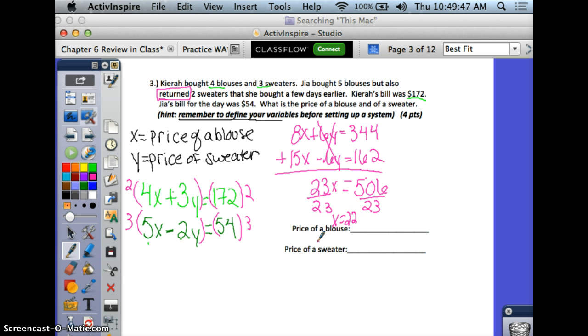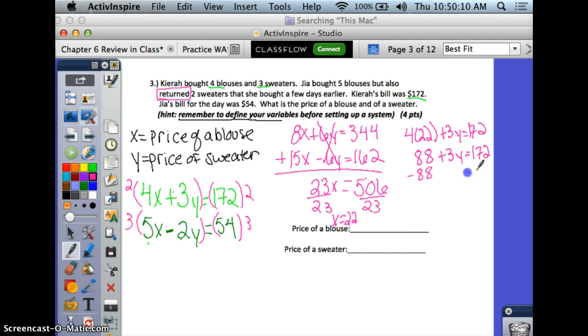Then substitute 22 into either one. I'm going to just do the first so I don't deal with negatives. So I have 4 times 22 plus 3y equals 172. 4 times 22 is 88. So we have 88 plus 3y equals 172.